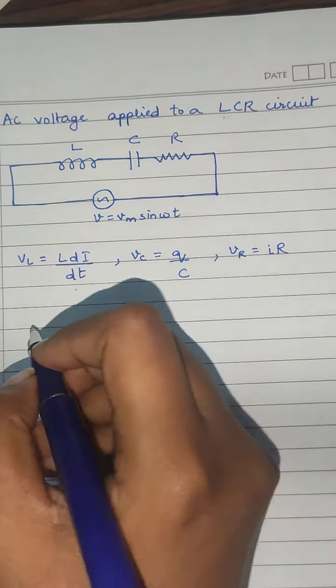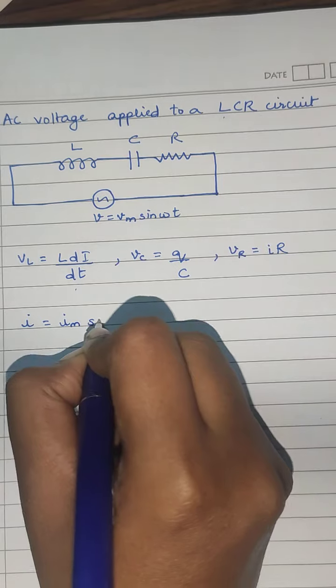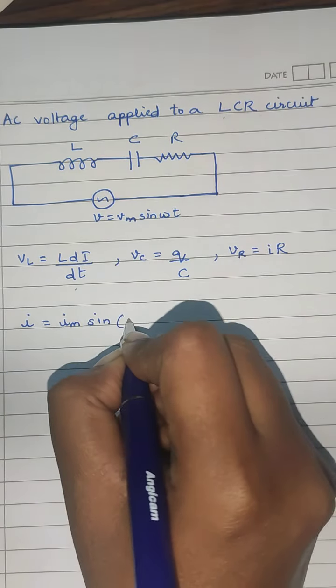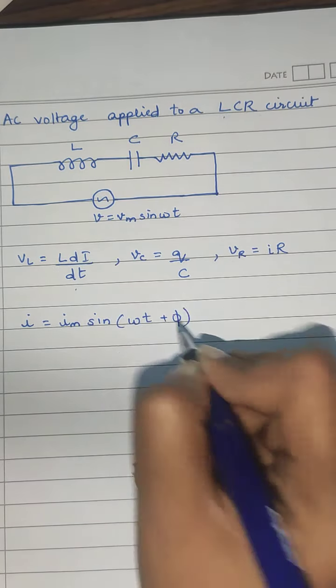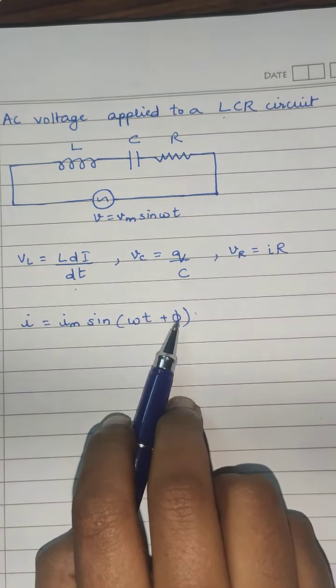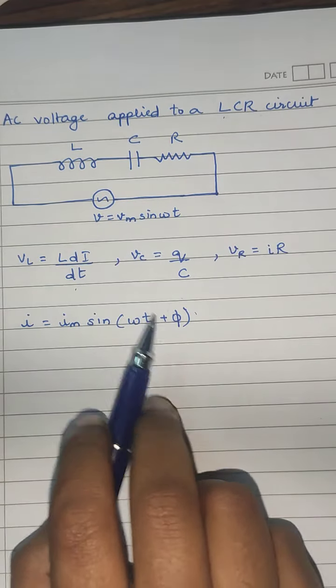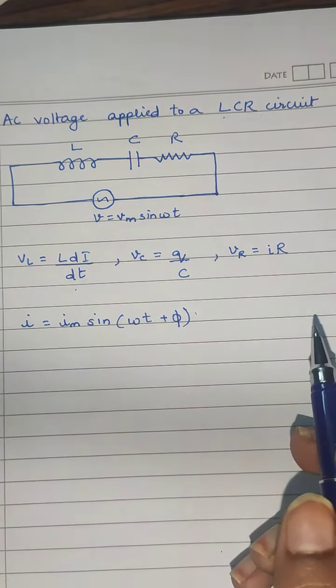So the current is common and is given as I equal to Im sine omega t plus phi. The new thing here is phi, which is the phase difference between the current and the voltage.